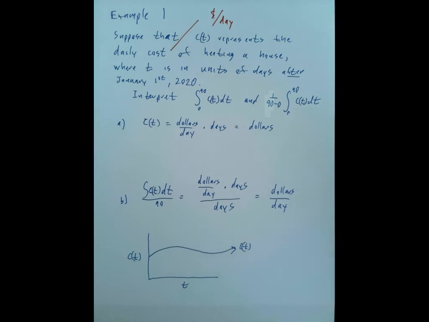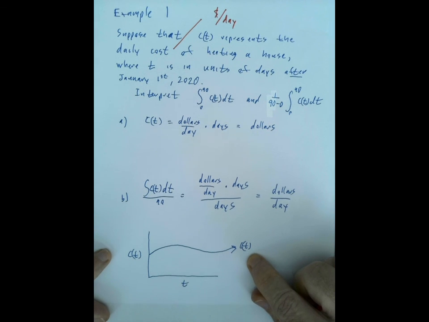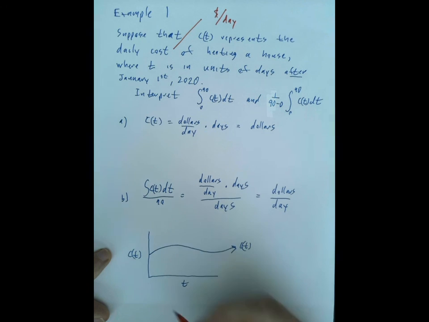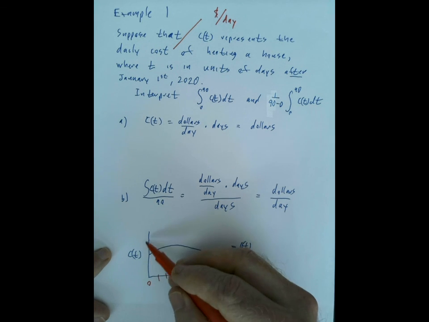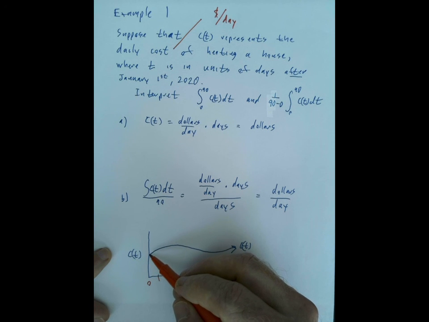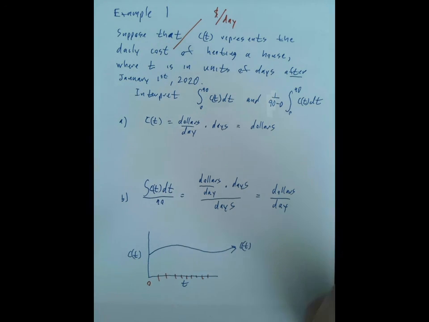Now, what we're interested in is what the average daily cost would be. This situation might be represented by this graph down below. So here is day 0, which was January 1st, 2020, right? T is the days after January 1st. C of T is the cost per day, the rate in dollars per day that we have to pay for our heating.